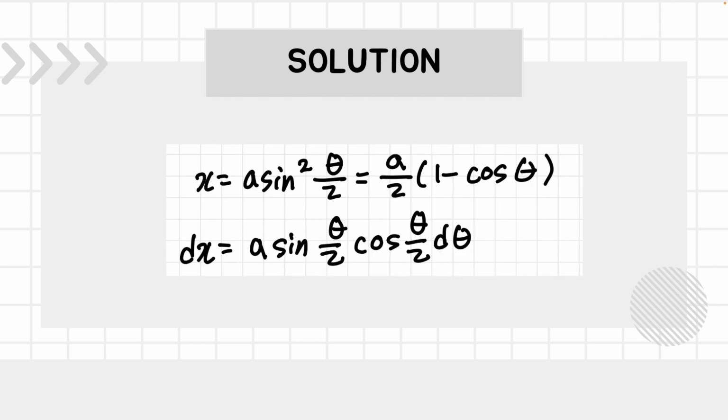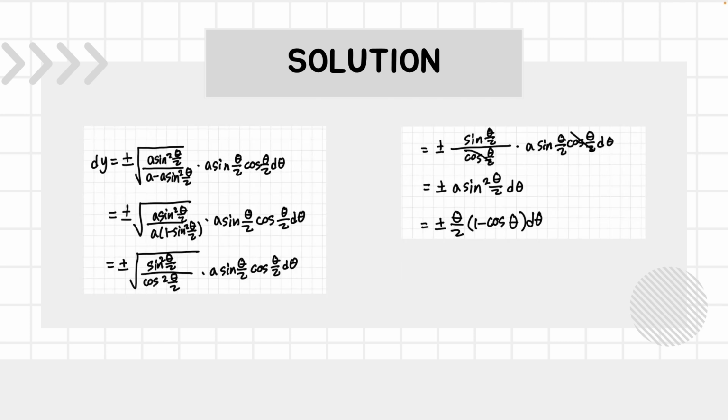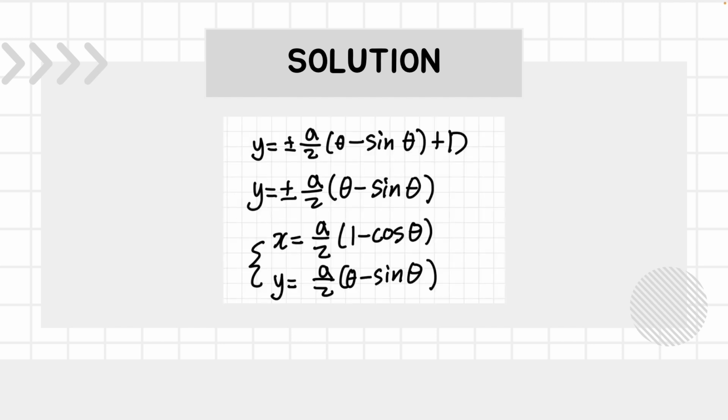If we set x like this and differentiate both sides of the equation, we get dx. So, if we substitute dx into the expression of dy, it becomes this. So y is going to be like this, and big D is the constant of the integration of y, where if x is 0, then y must be 0. So D is going to be 0, so y is going to end up like this. But I've got point B in the first quadrant, so x and y are going to end up like this.